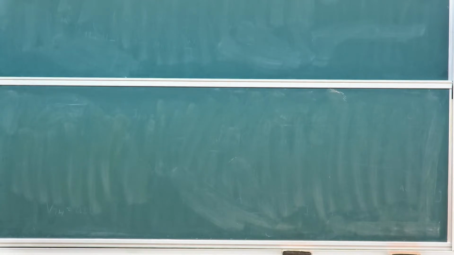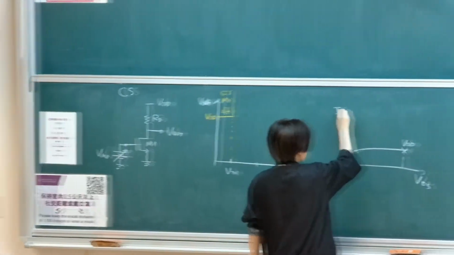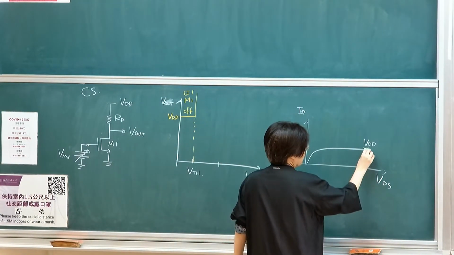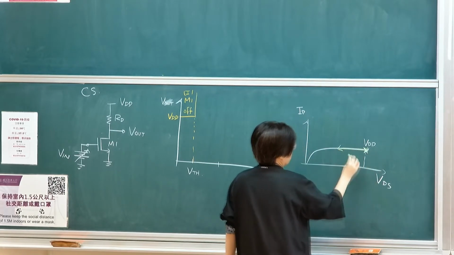If you're looking at a transistor, once it turns on, it actually starts here at VDD. If I'm plotting VDS, IDS, this is the point once it turns on.